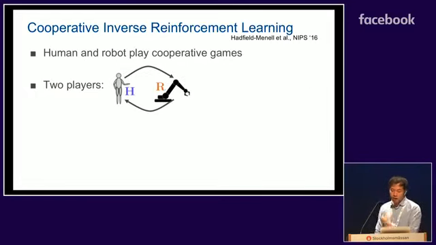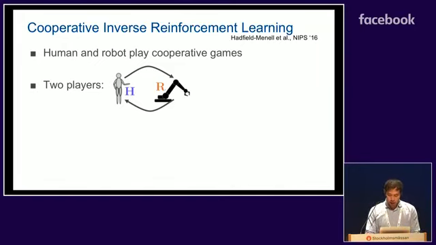And from this starting point, the authors of this paper, Cooperative Inverse Reinforcement Learning, formulate the problem as a two-player game where the human and robot may take turns demonstrating the task and estimating the reward function.